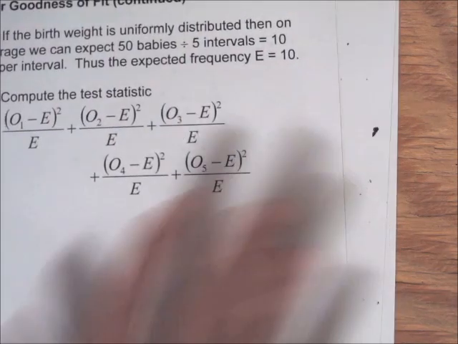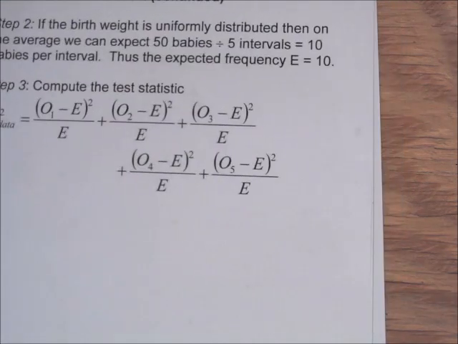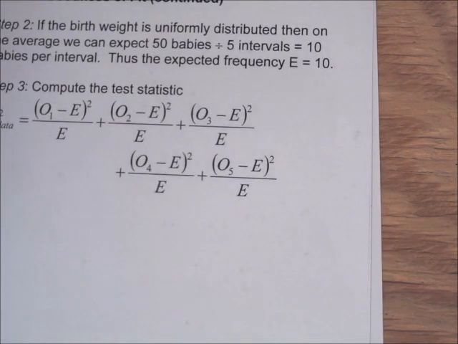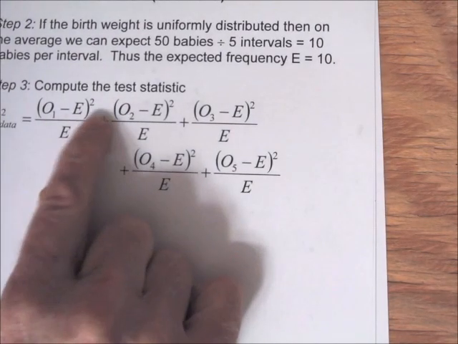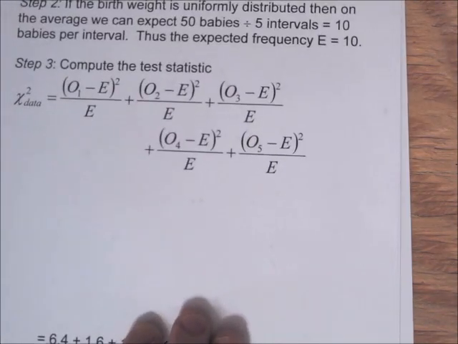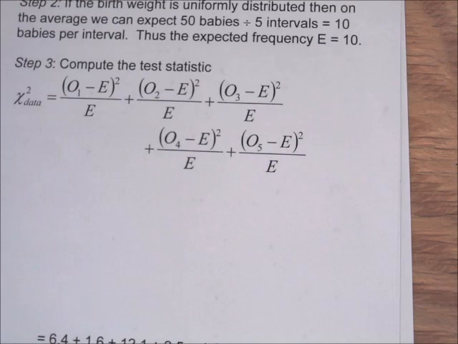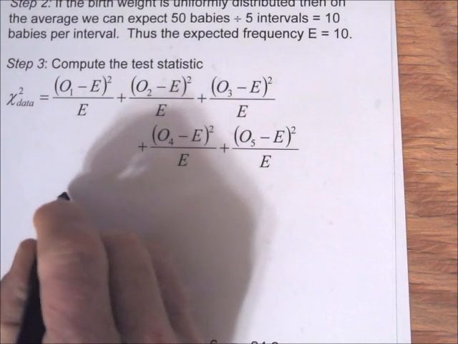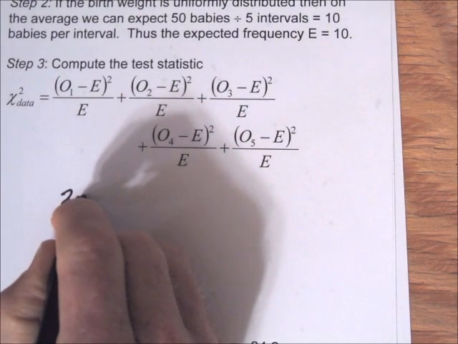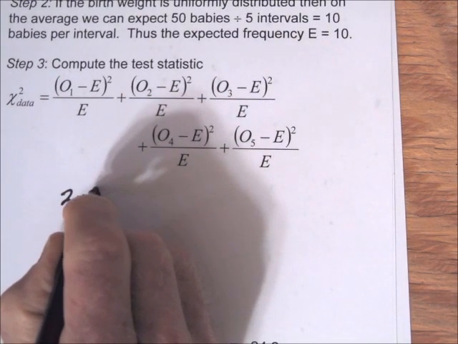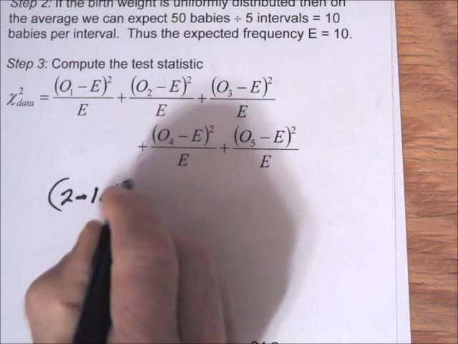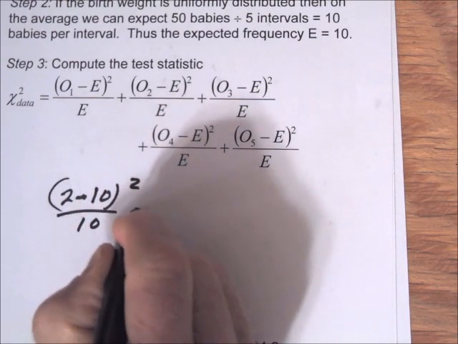So then we can compute the test statistic. Each observed minus each expected, square it, divided by the expected. For the first, the observed is 2: 2 minus the expected 10, squared, divided by 10.